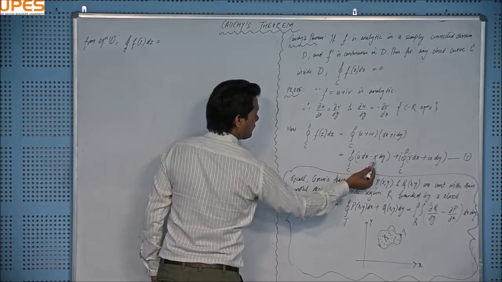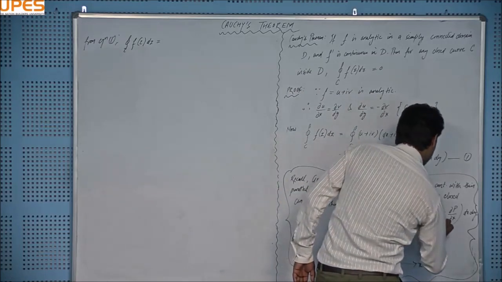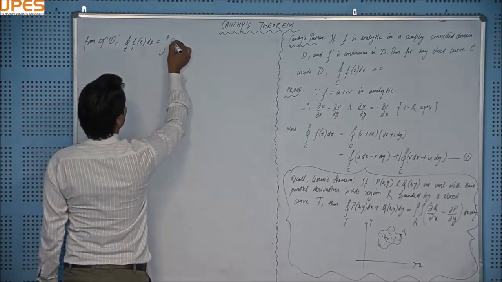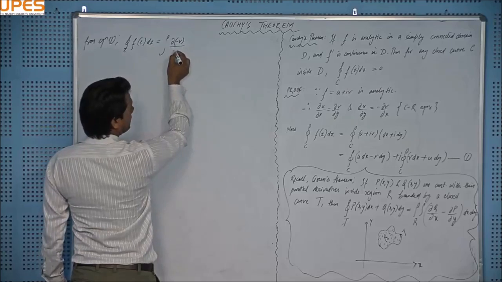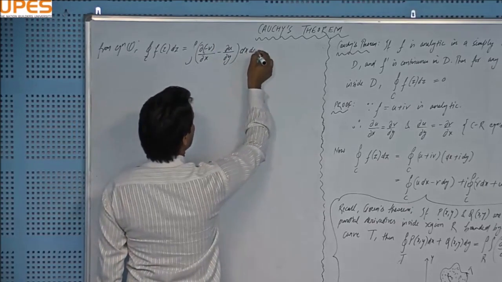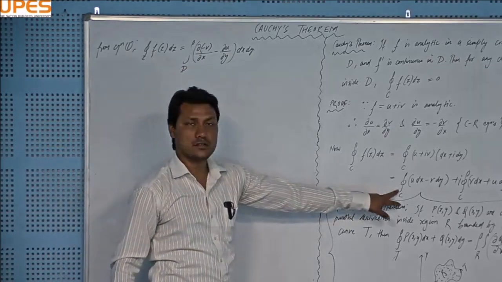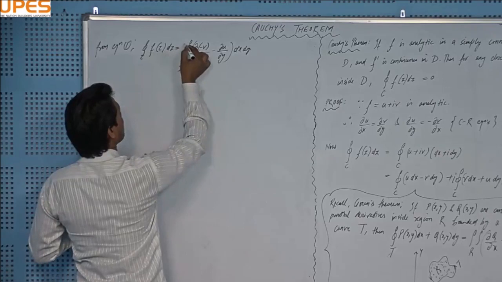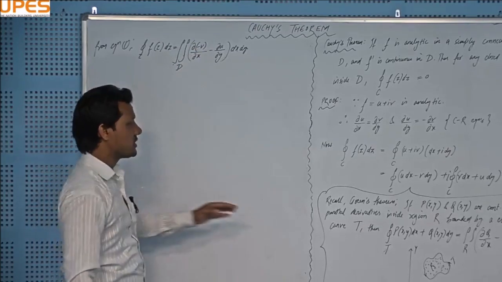That becomes del q over del x, and with negative v, that is minus v, over del x minus del u over del y dx dy, and this will be replaced by D. The line integral, the integration along a curve, is converted into integration over domain D. This single integral is converted into a double integral using Green's theorem.